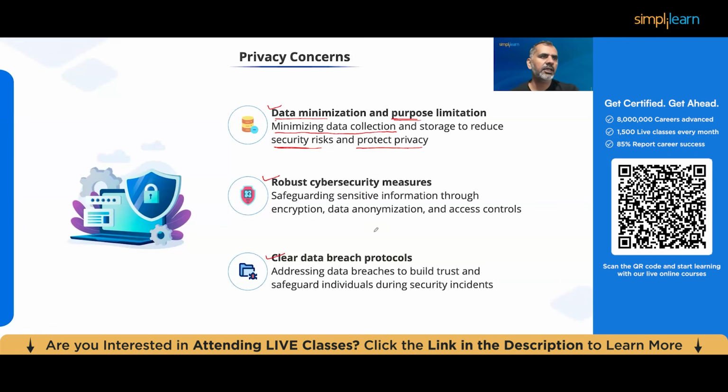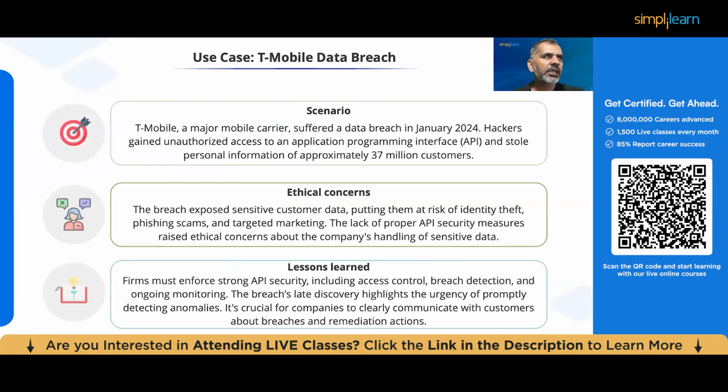That means if any data breach happens, how are you going to address it? You have to be very clear with the process. That's what we call a data breach protocol. And when you display these data breach protocols, it helps you build trust and safeguards with individuals during security incidents.